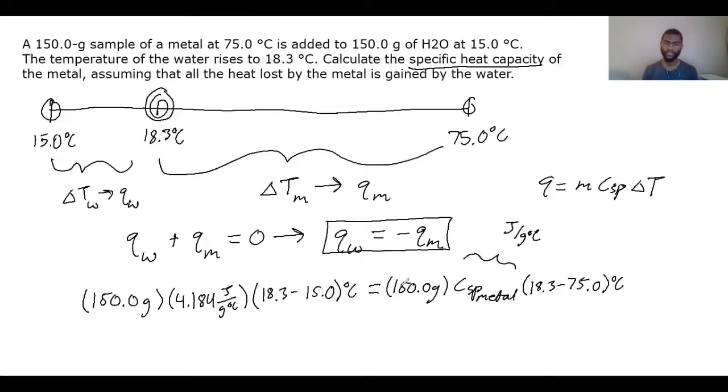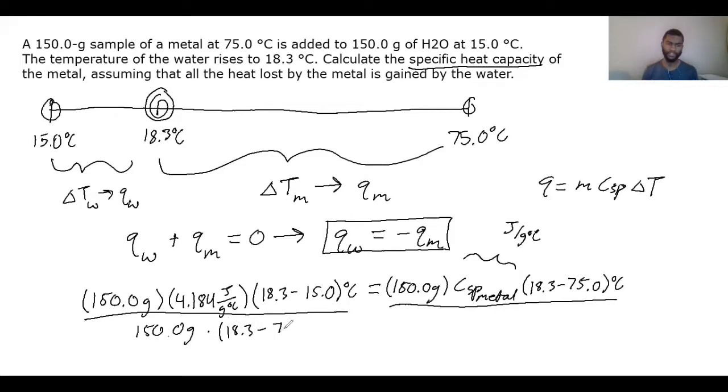Now, what I'm going to do here is move these values over. So what we're going to have to do is divide both sides by 150 grams, and then also divide by the change in temperature.